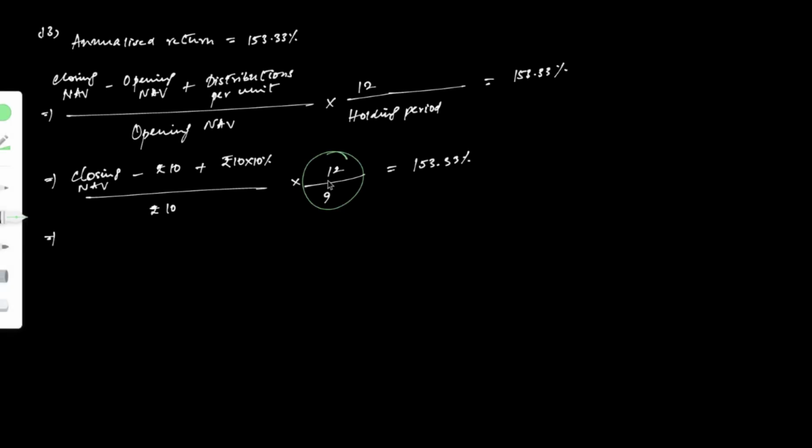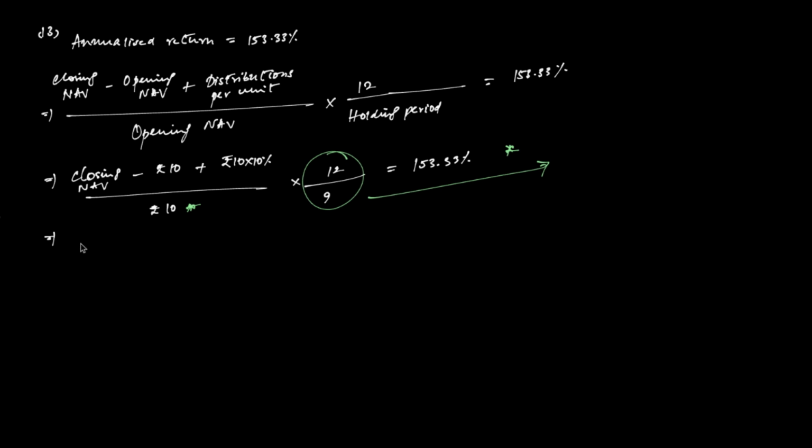Next, this thing will go here, and even this thing will go here. And this will be 10 into 10%, that is 1, minus 10 plus 1, it will be minus rupees 9.